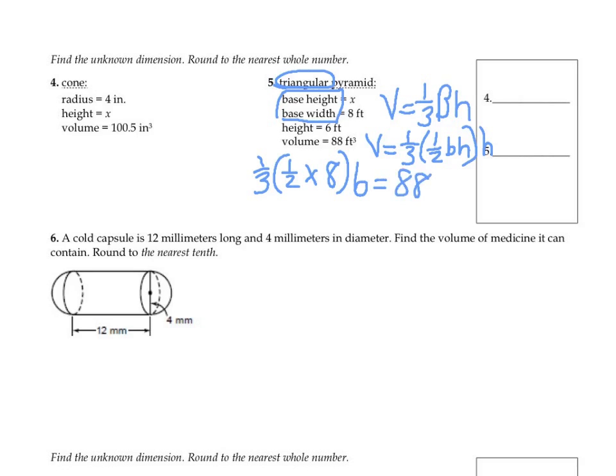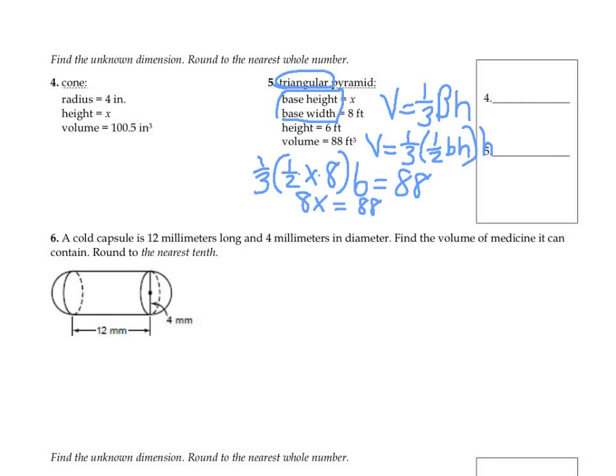So since I see all of this over here on the left-hand side is all multiplication, I can multiply all of those numbers together. So I've got 1/3 times 1/2 times 8 times 6, and that should give me 8. And then I still have the x to deal with, equals 88.